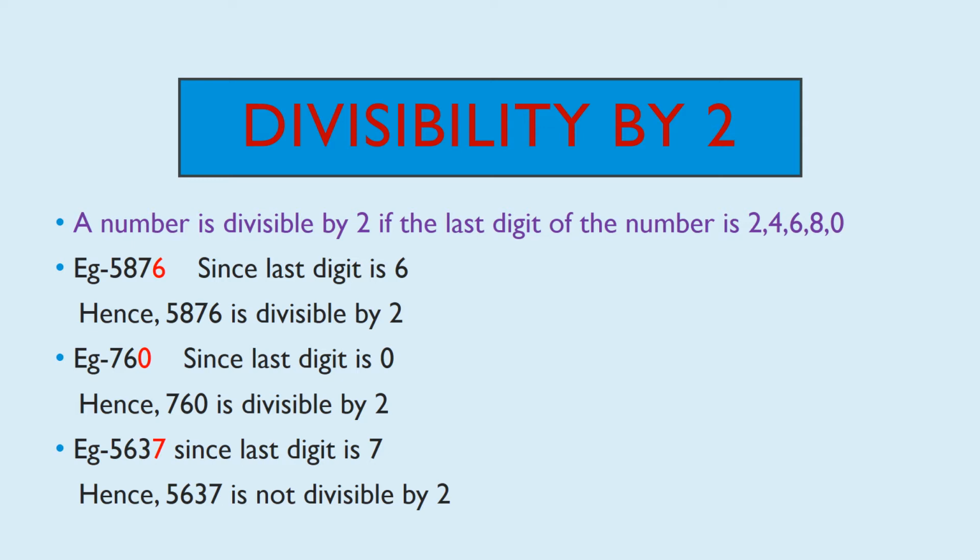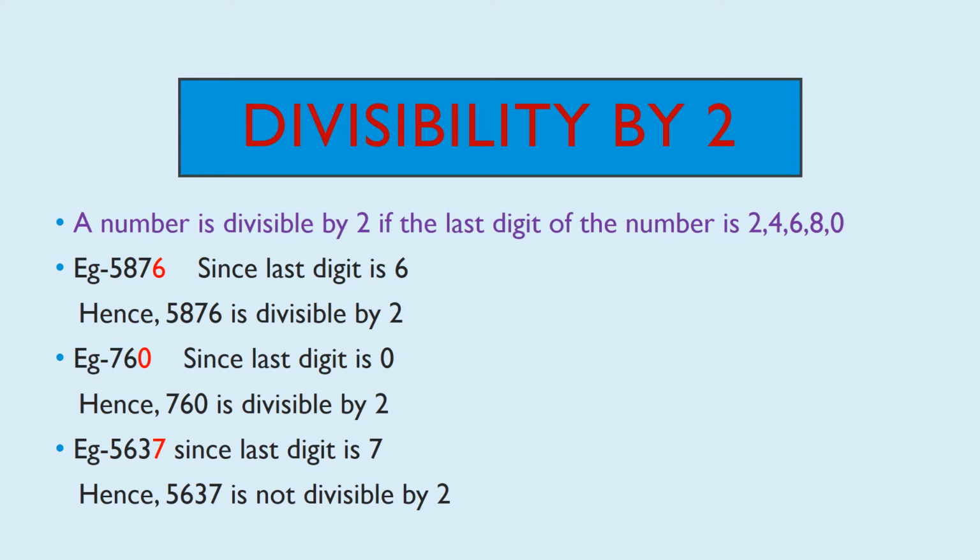So as we have seen the rule, the last digit of the number should be 2, 4, 6, 8 or 0 to be divisible by 2. Here the last digit is 6. So the number 5876 is divisible by 2.